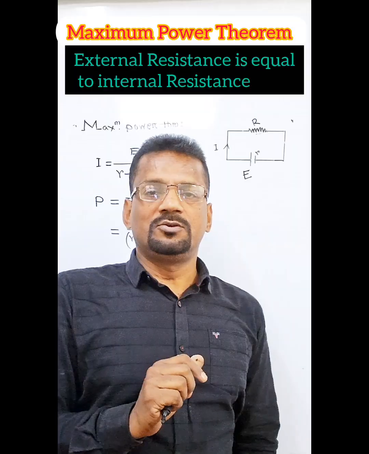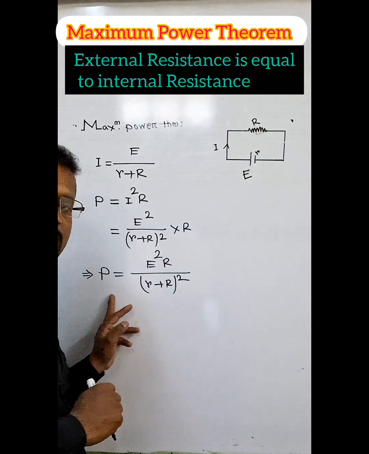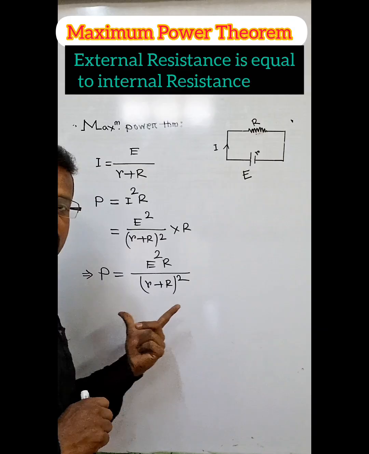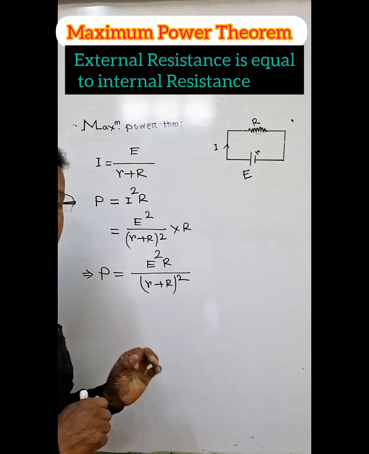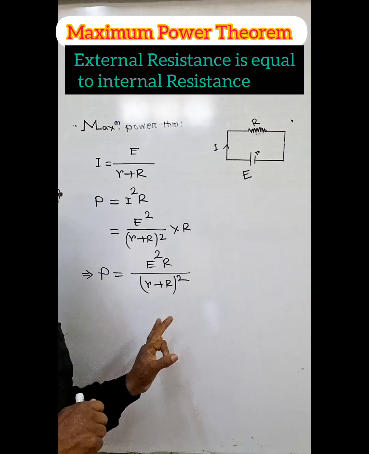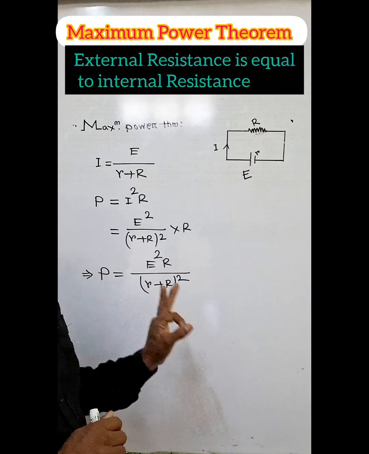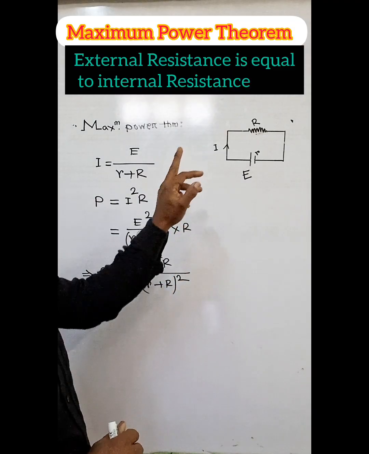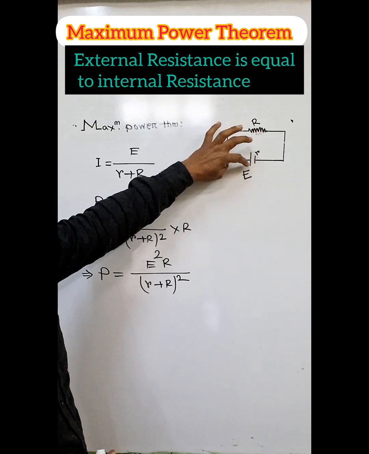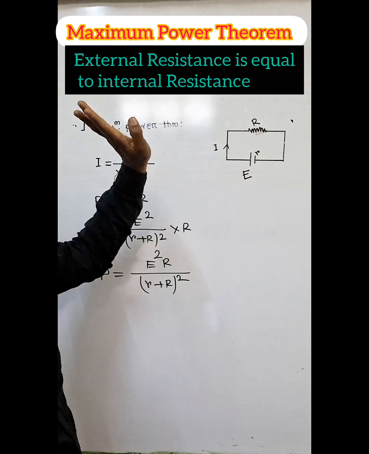Simply, we will find the first derivative of P and put it equal to 0, and from there you will get the point of maxima, and that's the condition for which maximum power will be drawn from the source.